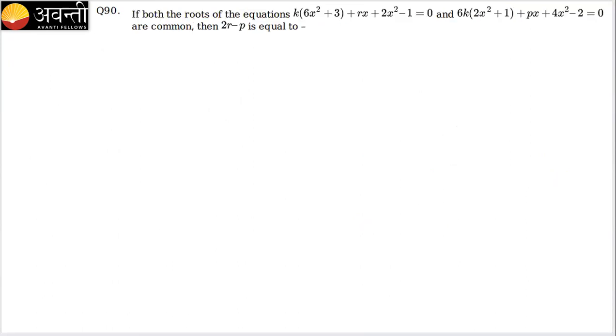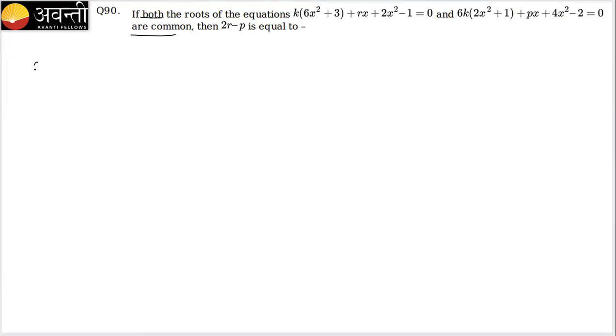This one. This is a very simple question based on common roots. Right? Both roots are common, na? Both roots are common. अगर दोनों equation के roots common है, so what we do in such cases, we just compare the coefficients. So let's rearrange this.